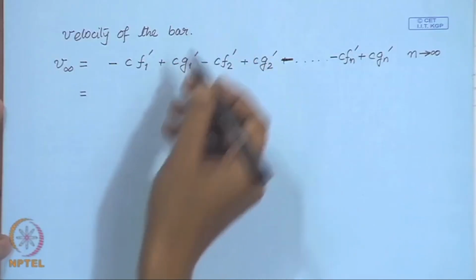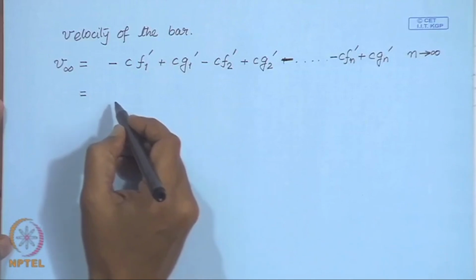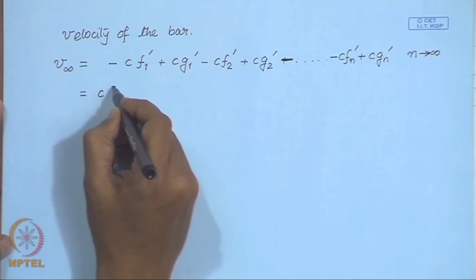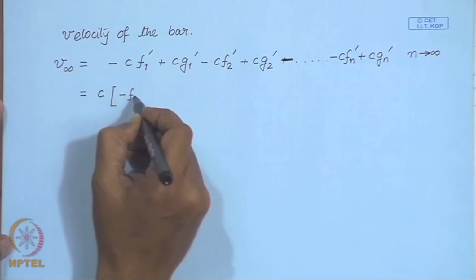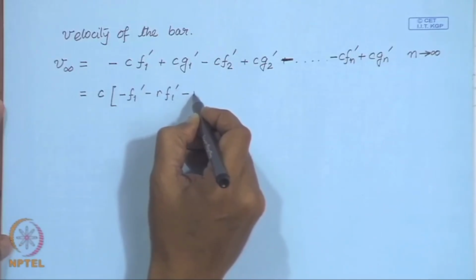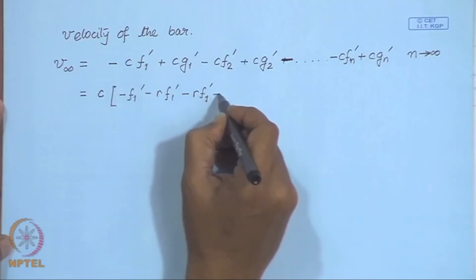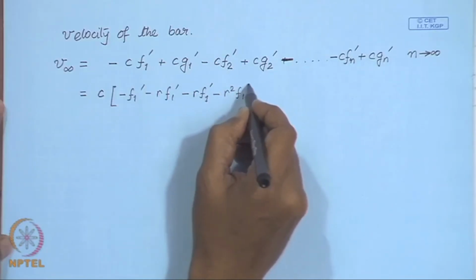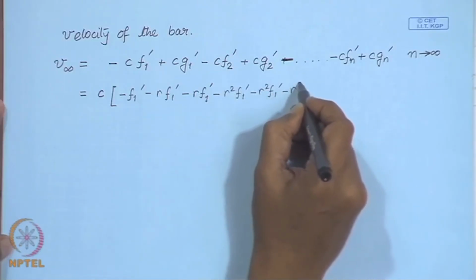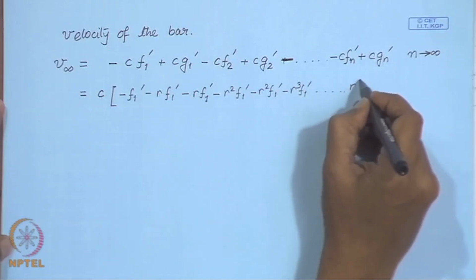And if you now use the recursion relations that we have just now discussed, then this turns out to be, so this goes on.